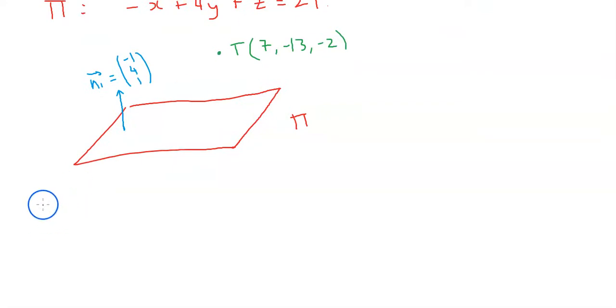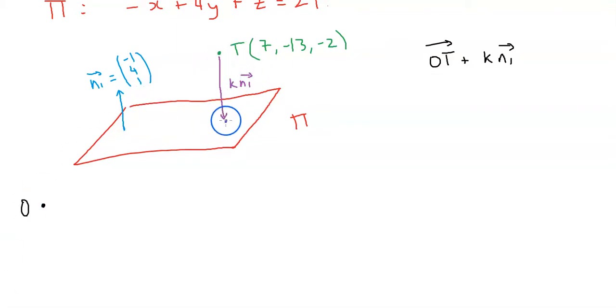Then if we put our origin over here, we know that OT plus some multiple k times n1 is going to land us in the plane. Because OT, well, k times n1 is this vector here. This is the vector k times n1. The way I've drawn it, you would expect k to be negative, but I don't actually know what direction n1 is pointing in, so don't be surprised if it's positive.